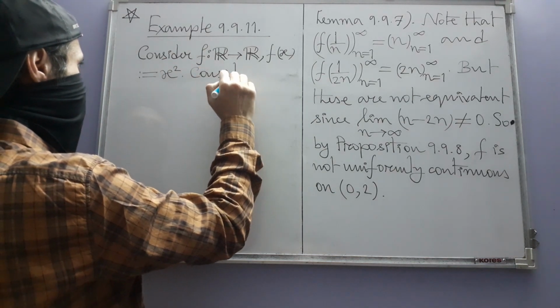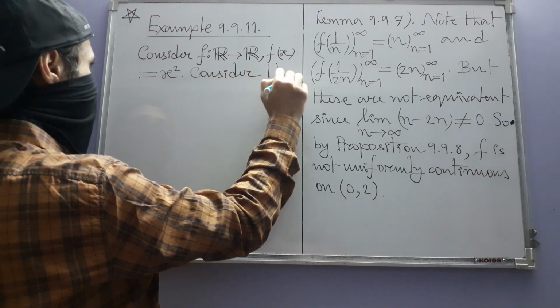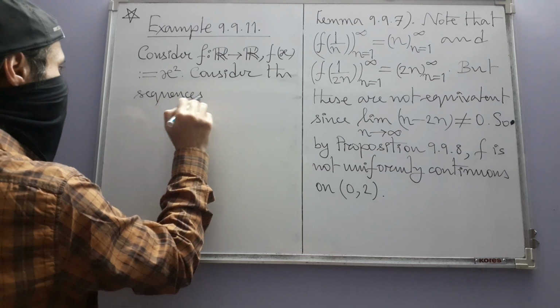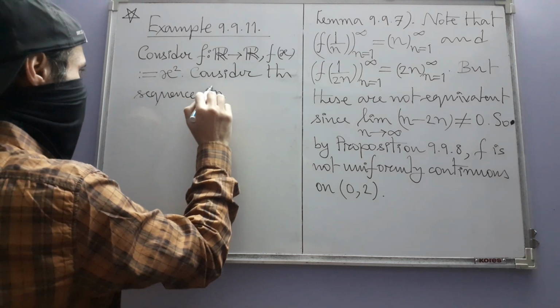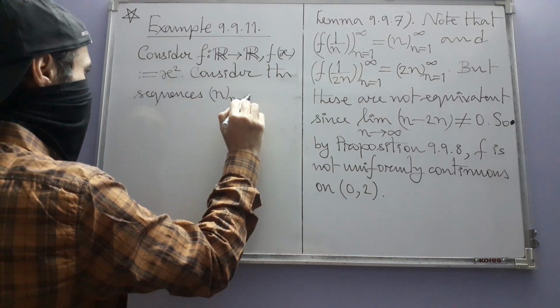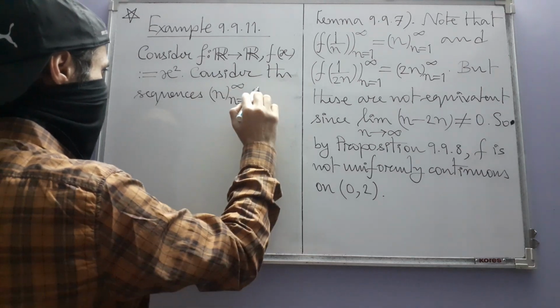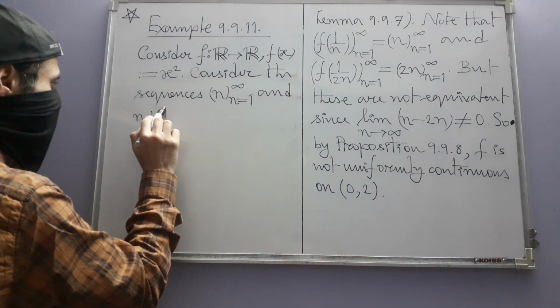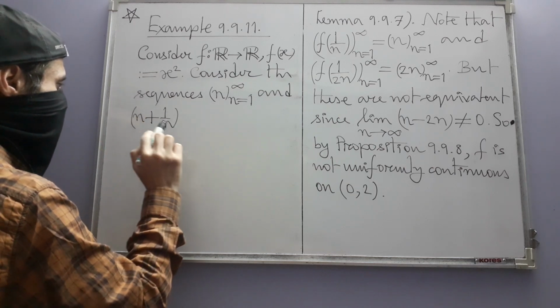Consider the sequences. One of them is the sequence of all positive integers, and the other one is n plus 1 over n.